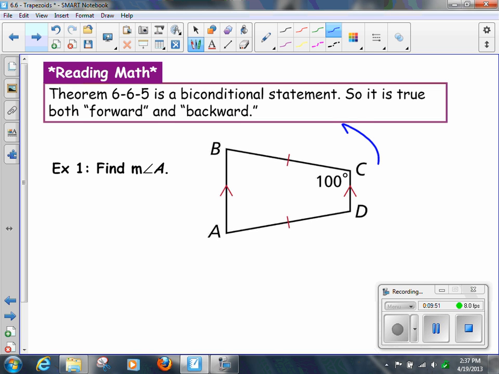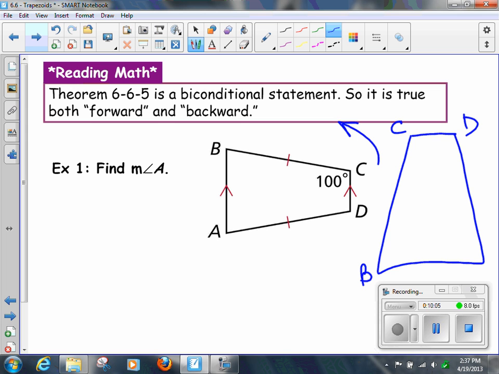So I would turn this thing this way and look at it like this. That would be CD. You don't have to do this because you just turn your paper. I can't turn the smart board, okay? Now, I want to look at it like that.